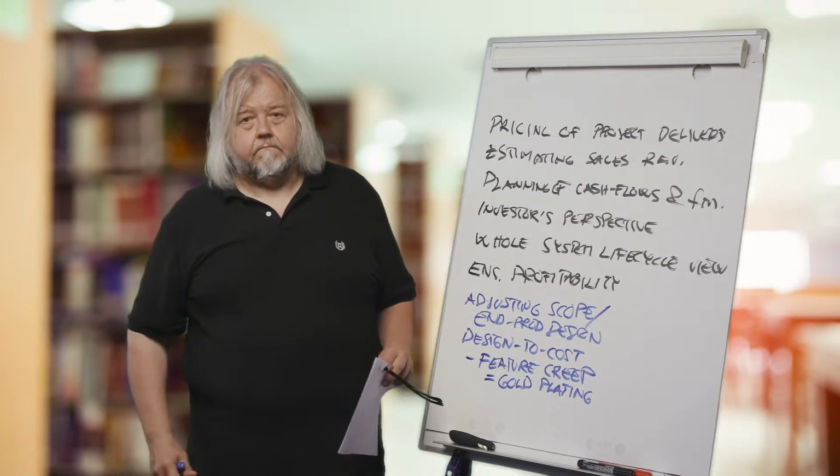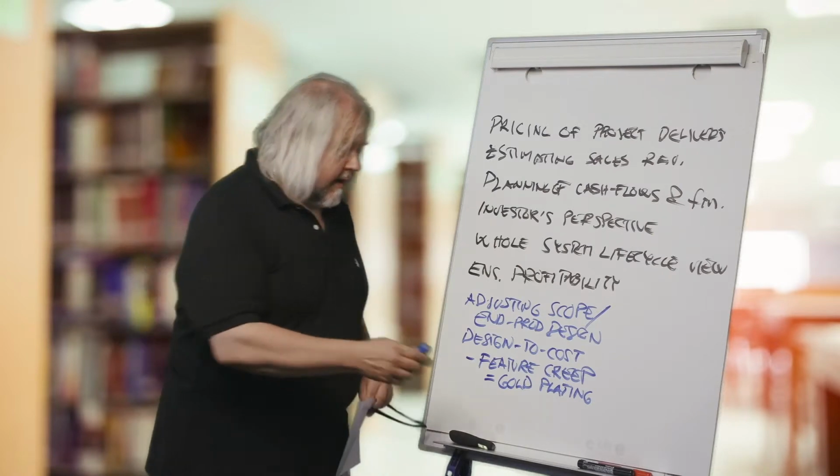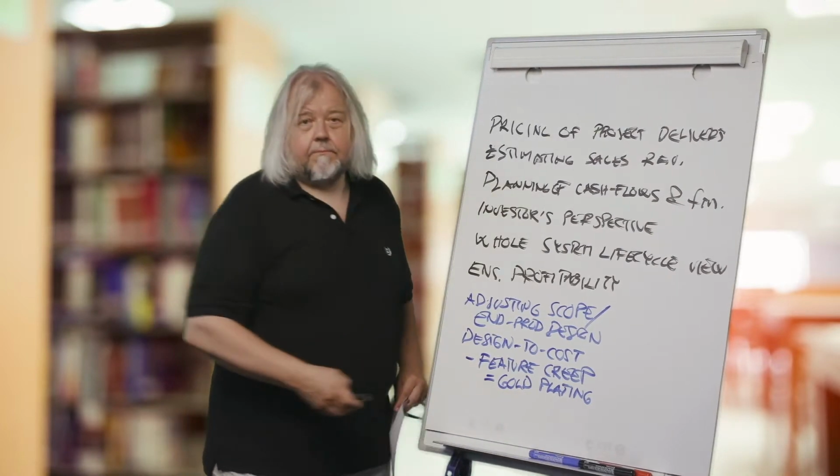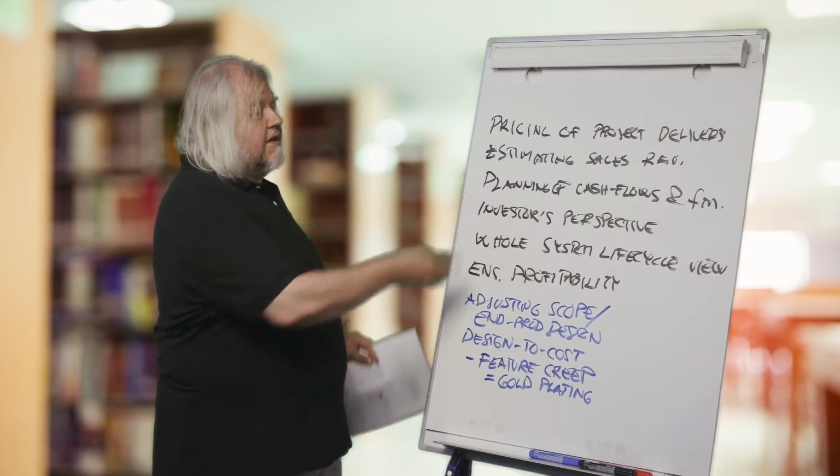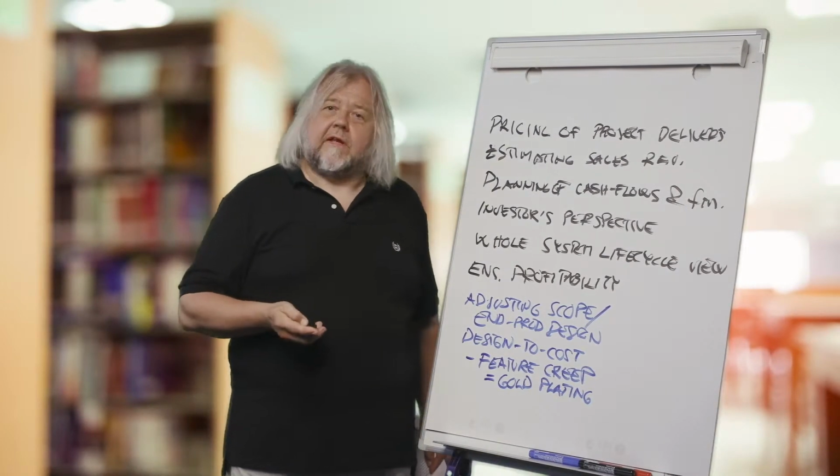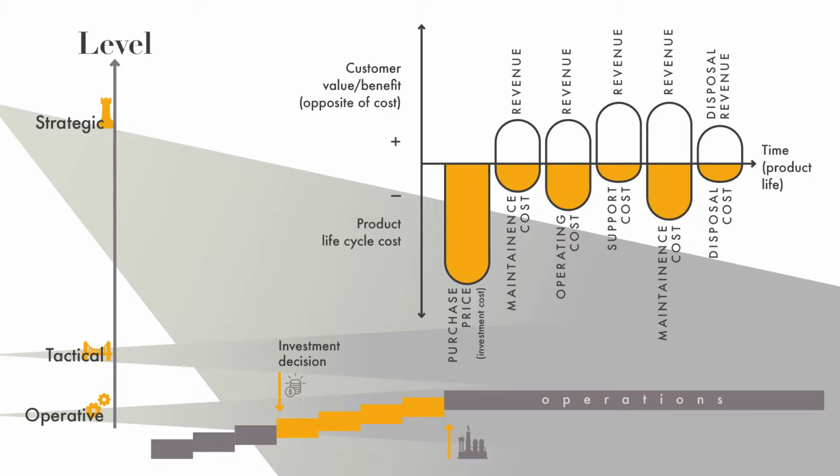Okay, well, these kinds of things are important in project cost management. In this picture, we take a customer's view over the whole life cycle of the system, which the project is only part of.